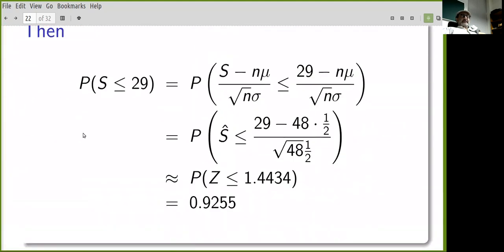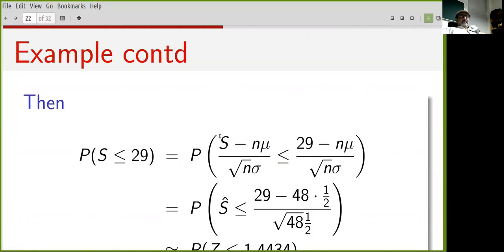Then the probability that S is less than or equal to 29 is the probability of, you have to normalize this S, right? So S minus n mu over root n sigma is less than or equal to, whatever you did to S, you have to do to the 29 here, right? So you have 29 minus n mu over root n sigma.